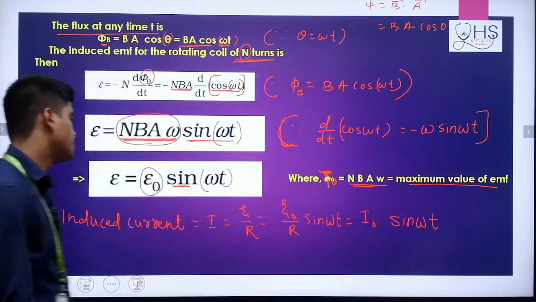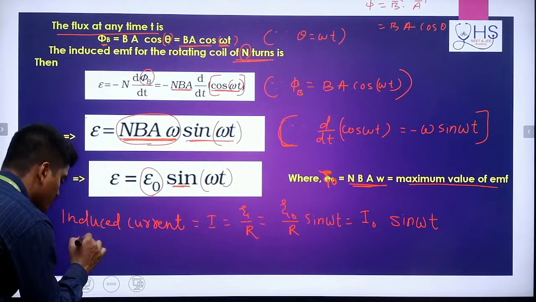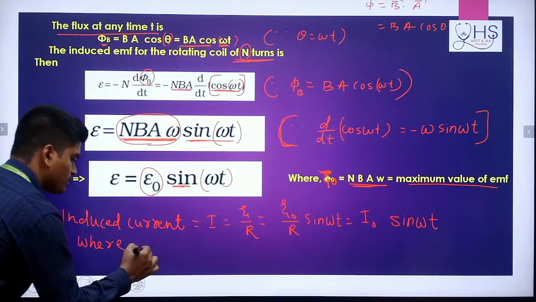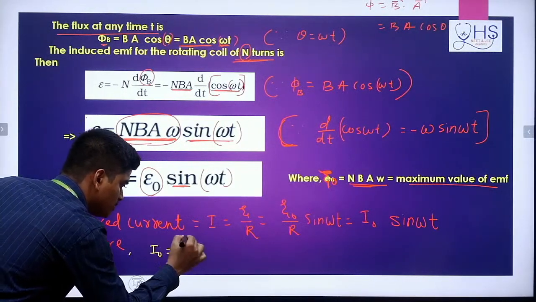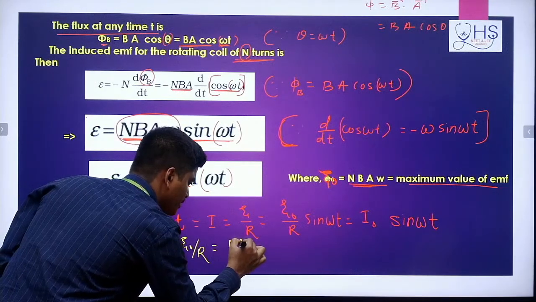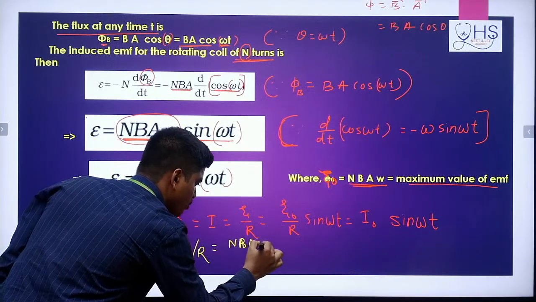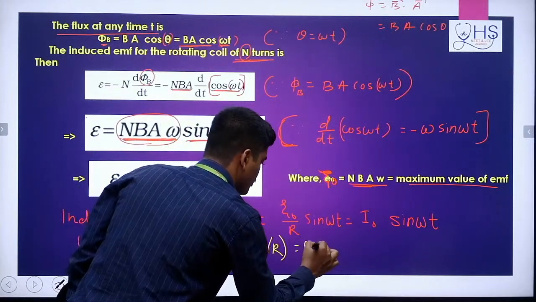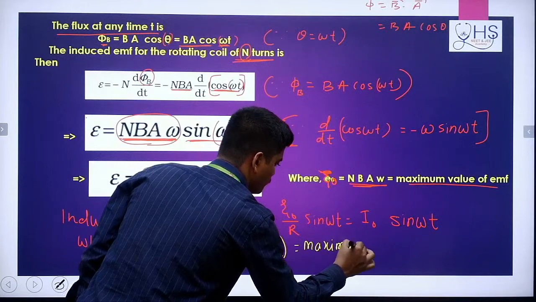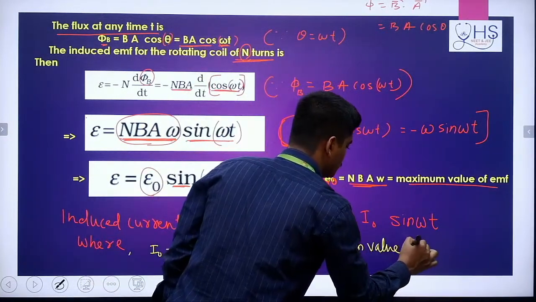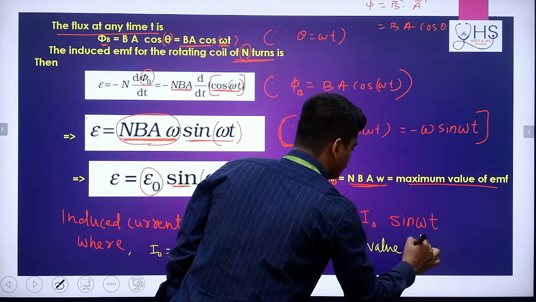This is my alternating current, where I naught is E naught by R, or NBA omega by R. This is called the maximum value of current, because the maximum of sin omega t is 1.